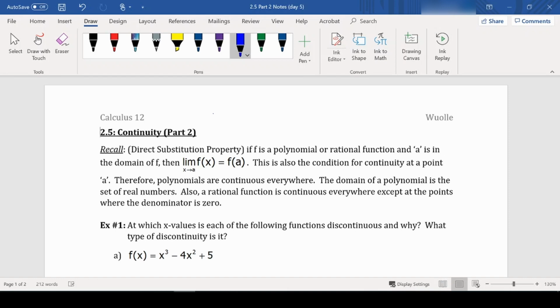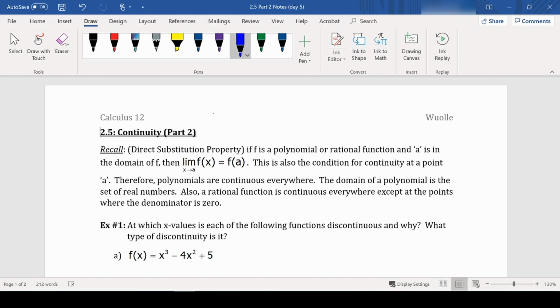Polynomials we know are continuous everywhere. We know that from graphs of polynomials, there are no holes, there are no discontinuities. So as soon as we have a polynomial, we know that we can say there are no discontinuities, they are continuous everywhere.